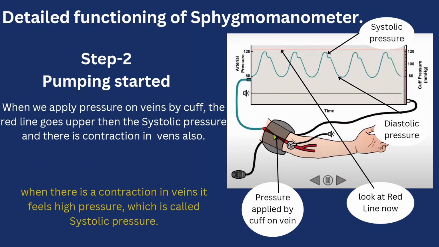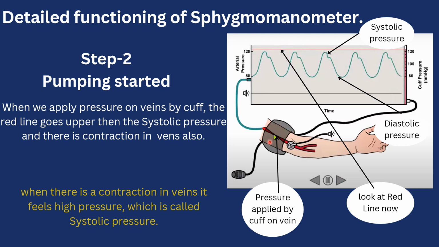Step 2. Pumping started. When we apply pressure on the veins by the cuff, the red line gets higher than the systolic pressure and there is a contraction in the veins. When there is a contraction in the veins, it feels high pressure, which is called systolic pressure. I just wanted to grab your attention over there.